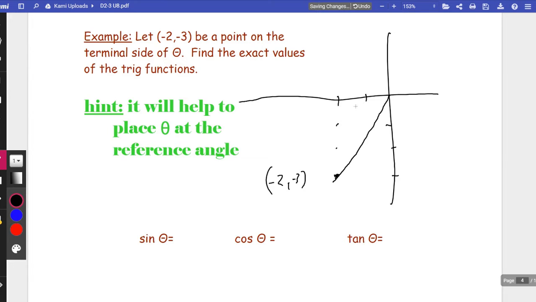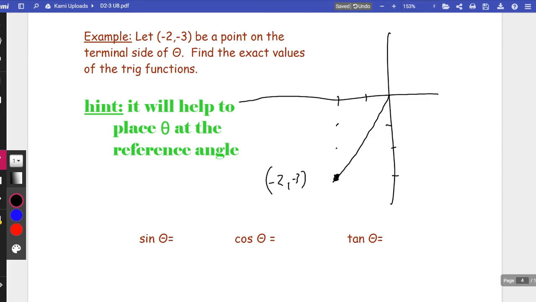And that's our hypotenuse. The other tips, I guess, in creating this triangle, to make sure we're creating it correctly, is theta's always got to be placed between the x-axis and our terminal side, or the line that we just drew from the origin to the point.